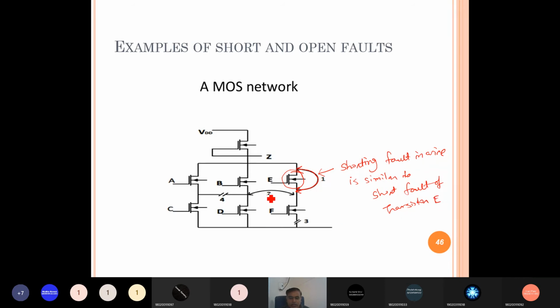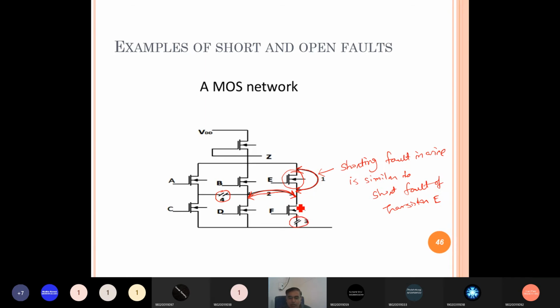And this open fault here, by creating this open fault, it changes the truth table, so it is creating open faults. And the shorting of these two also changes the truth table, so it can detect an opening in this.